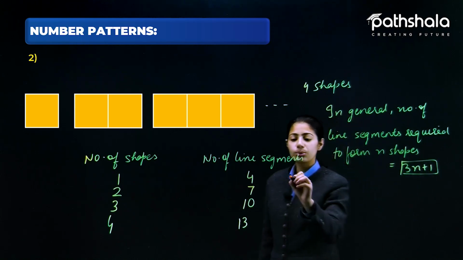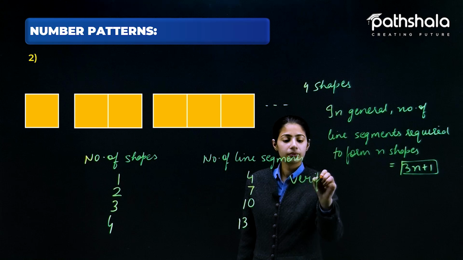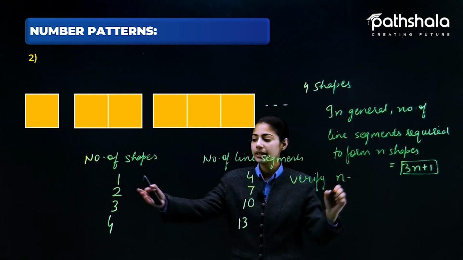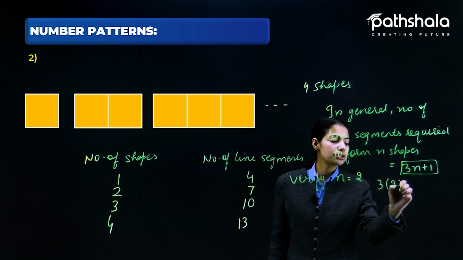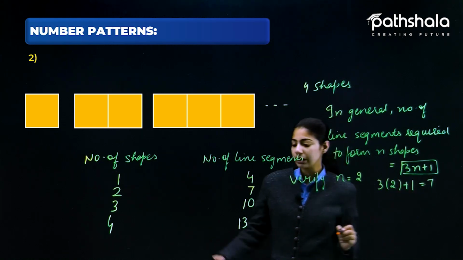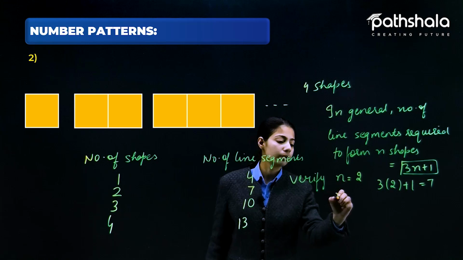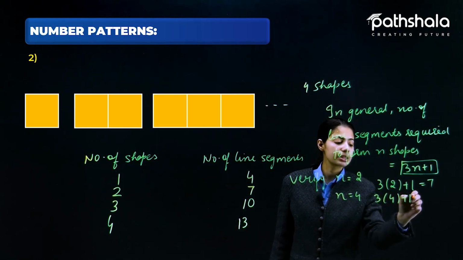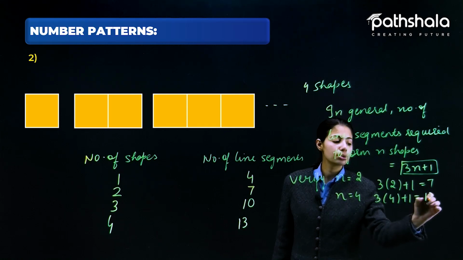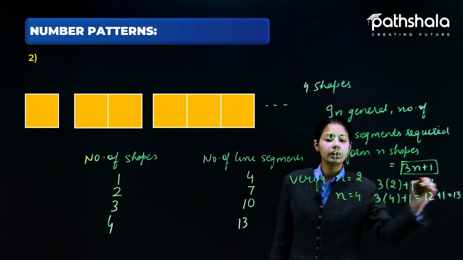So again, let's verify. For n is equal to 2, this will be 3 into 2 plus 1, that is 7. For n is equal to 4, this will be 3 into 4 plus 1, that is equal to 12 plus 1, 13.